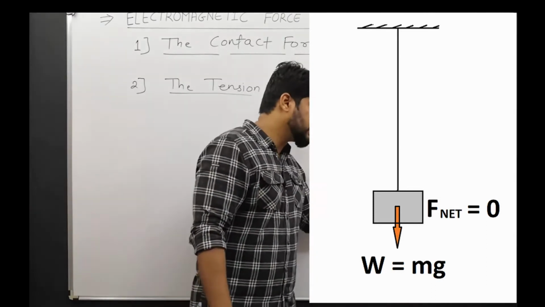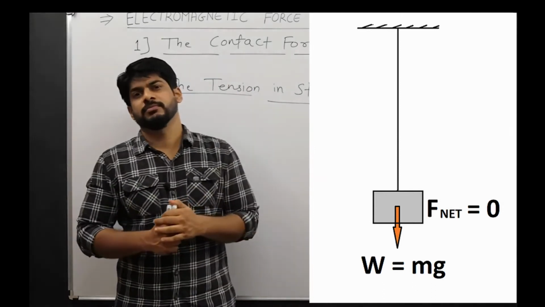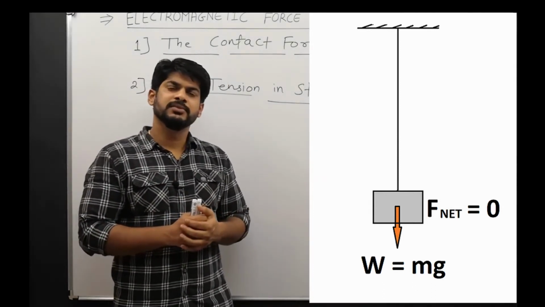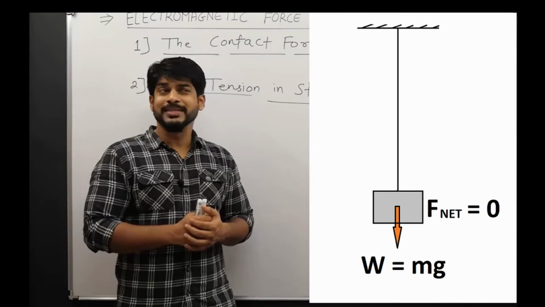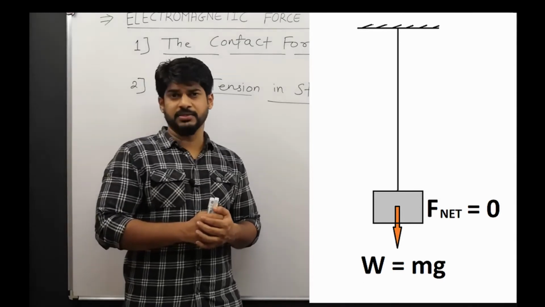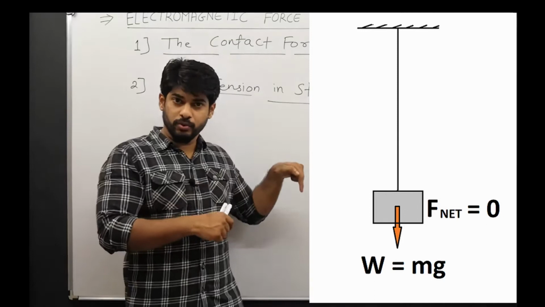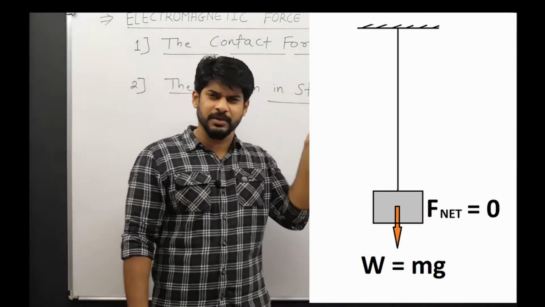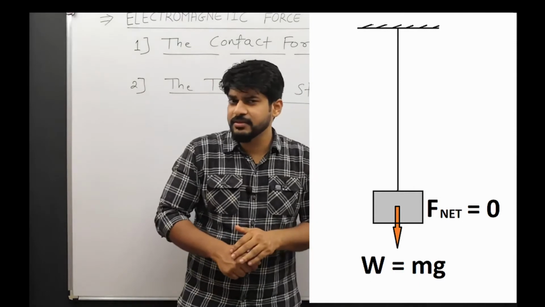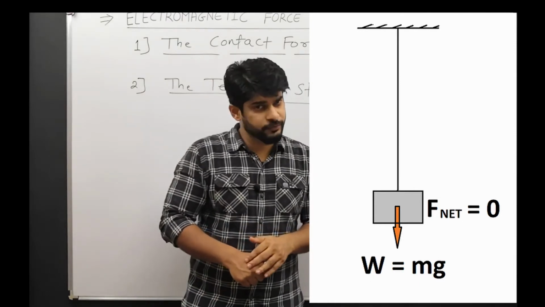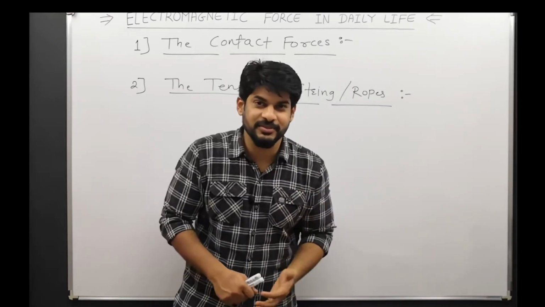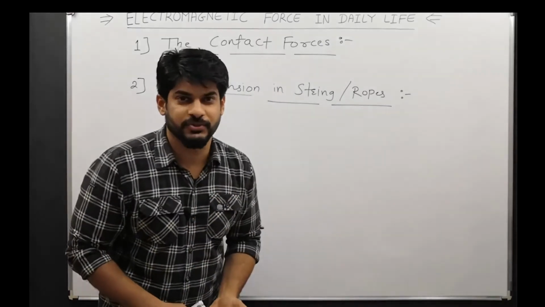But we see there is a force, and that is downwards. So is there any other force that is cancelling this out? Is this downward force being cancelled by some other force? Yes, there actually is.